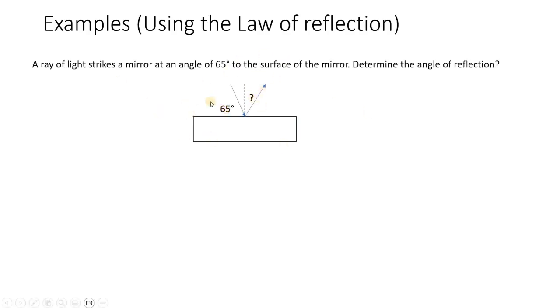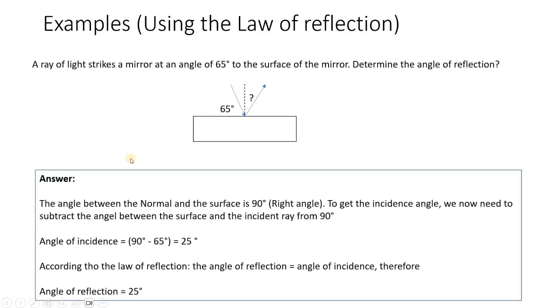We first have to calculate the angle of incidence. The angle between the normal and the surface is always 90 degrees, because the normal is drawn perpendicular to the surface.